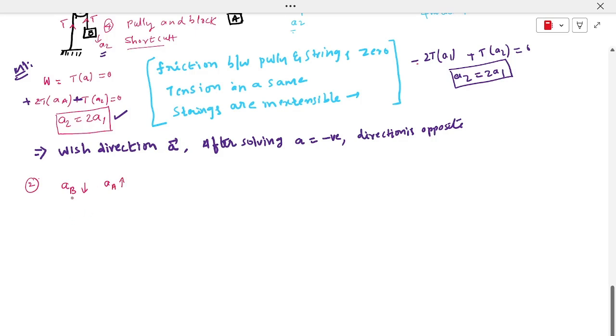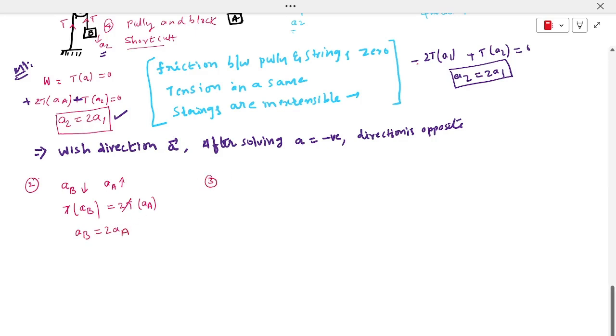In the string where the B mass is, there will be T. Then T into AB is equal to 2T into AA, so T gets cancelled, since the total work done is equal to 0. Therefore, AB is equal to 2AA. So this is from the work done method.